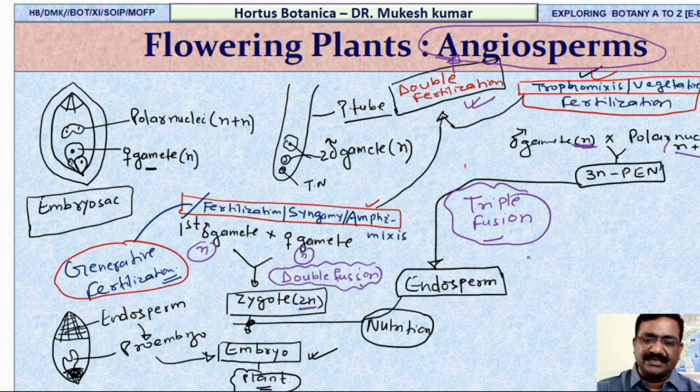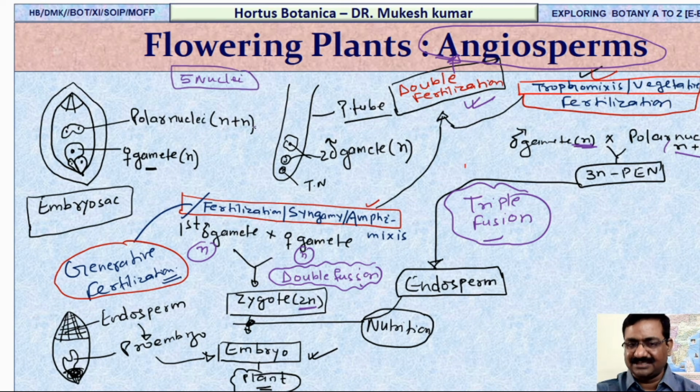So from this whole phenomenon you will be asked several questions. How many nuclei are involved in double fertilization? Count. Yes, 2 male nuclei, 1 female, that's 3, and 2 polar nuclei. So a total of 5 nuclei are involved. Is it clear? How many cells are involved? Yes, 1 male cell, 2nd male cell, 3rd female cell and 4th polar cell.